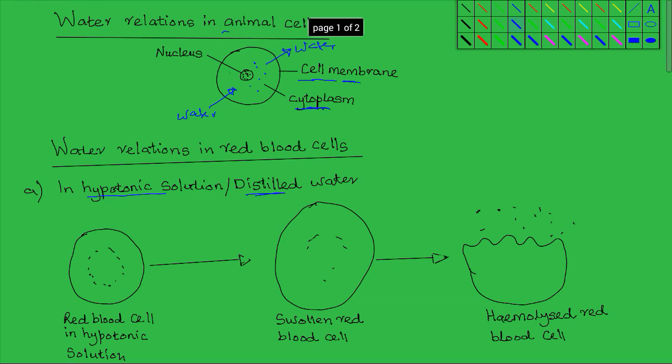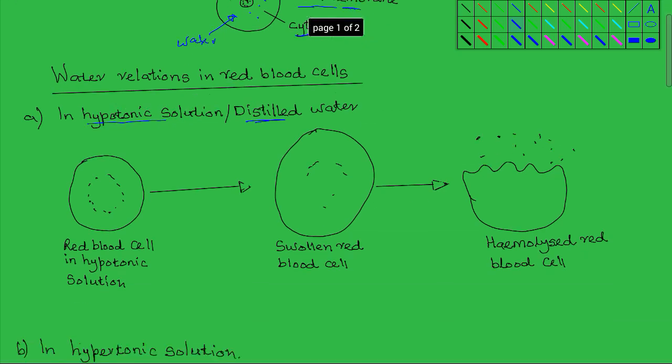So water moves into the cell by osmosis. As more and more water enters, the cell tends to swell. And if this continues, with more and more water entering the cell, it will swell further and eventually burst.